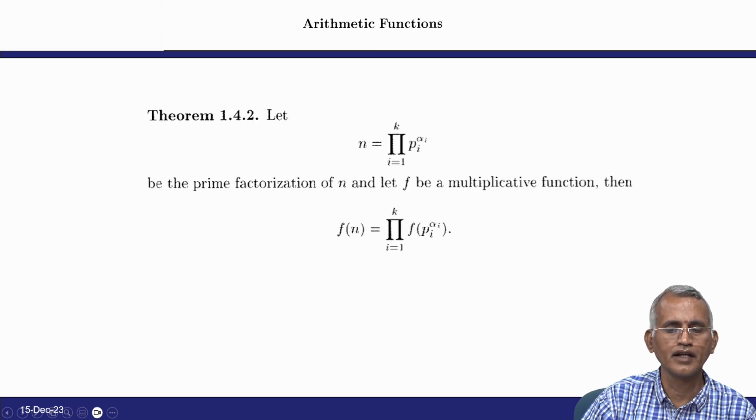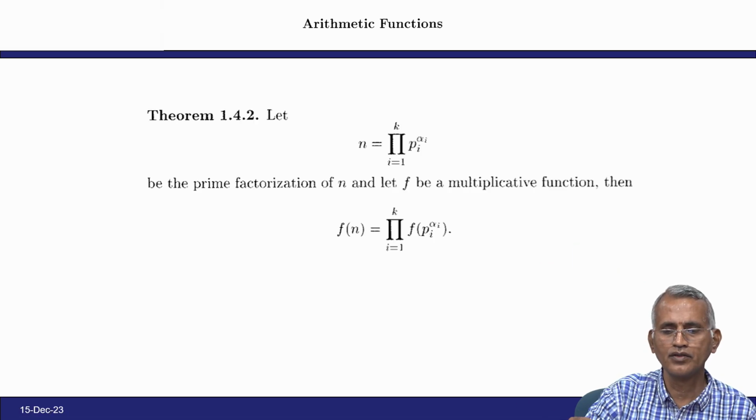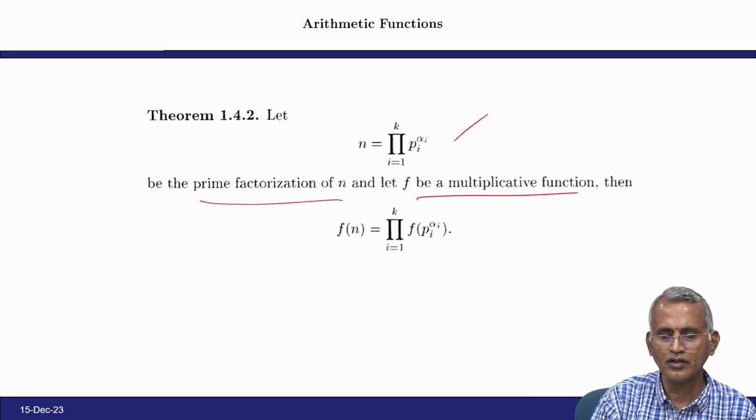And followed with the theorem, let n be equal to the product of prime powers p_i to the alpha_i, that is the prime factorization of n. Then for the multiplicative function, f of n equals the product of f of p_i whole power alpha_i.